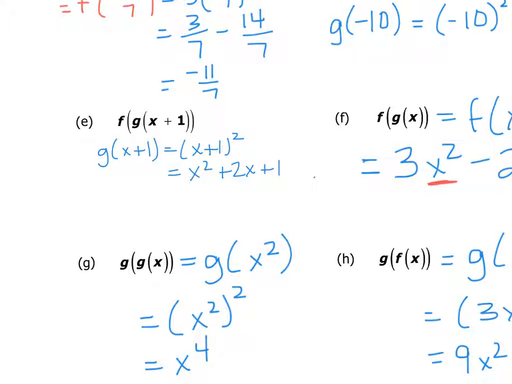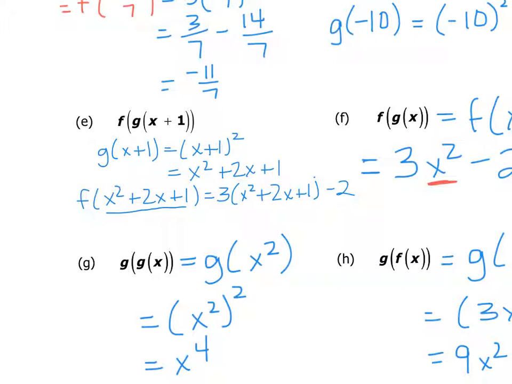All right? That is what we're going to put inside of our f function. So what we're really finding is f of x squared plus 2x plus 1. So we're going to put all of this in our f function. So this is 3 times x squared plus 2x plus 1, then minus 2.